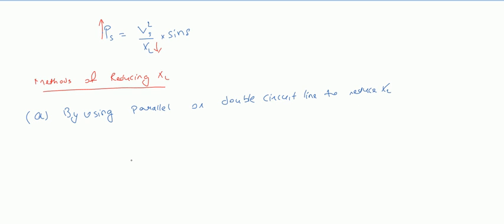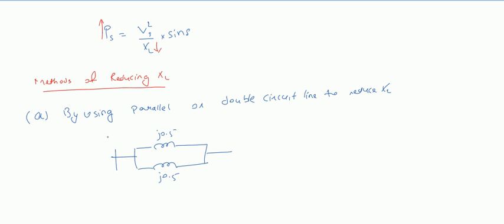ठीक है, इस बात को आप ऐसे समझ सकते हो कि अगर दो ट्रांसमिशन लाइन है या दो इस तरीके से कुछ सेक्शन है, ठीक है, इसकी इंडक्टेंस let's say j.5, इसकी इंडक्टेंस भी j.5.